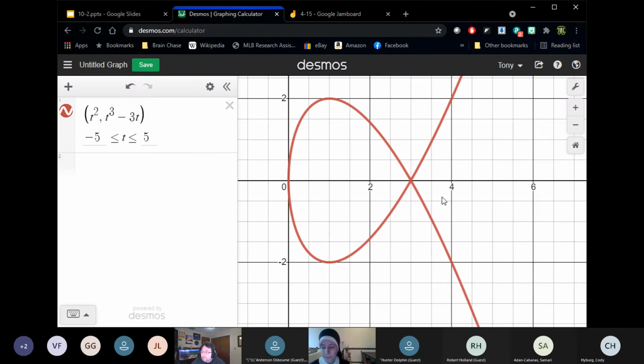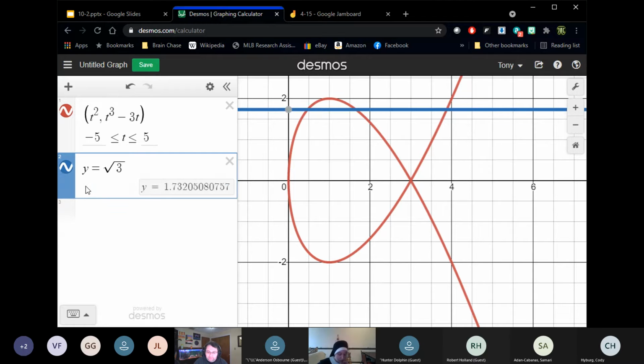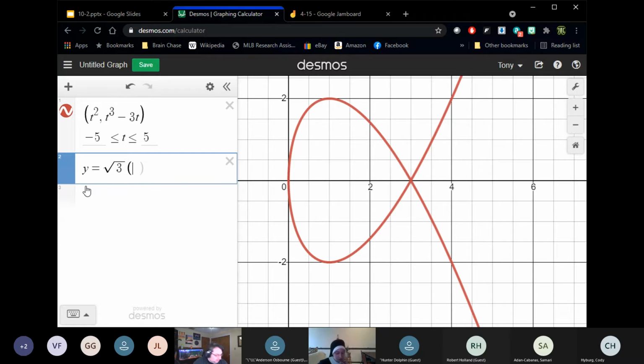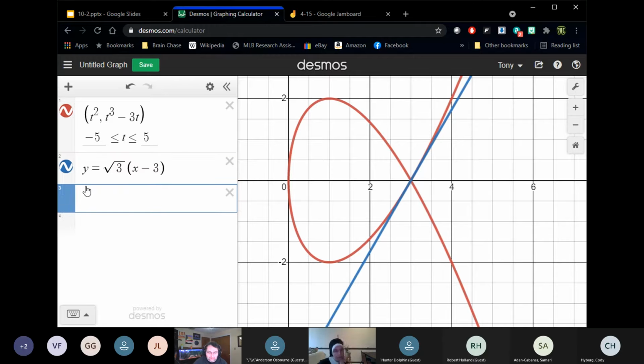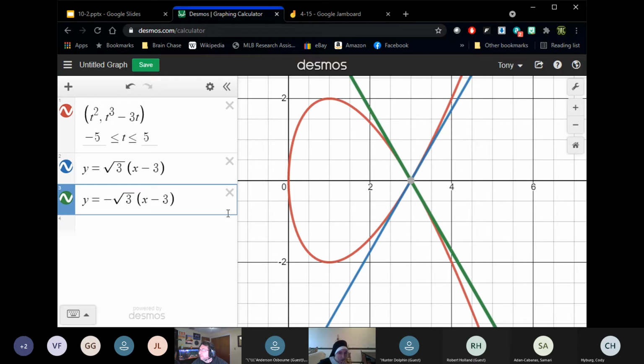And if we go back to our graph, if I was to graph that equation, so y equals square root of 3 times x minus 3, and then the same thing here with the minus.